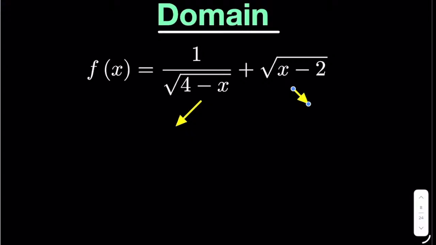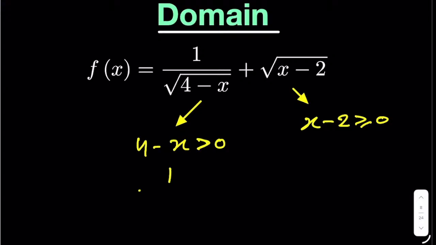Now, the first part is defined if 4 minus x is greater than 0. Very simple. And this one is defined if x minus 2 is greater than or equal to 0. Clear or not? Why do we use only 4 minus x greater than 0?